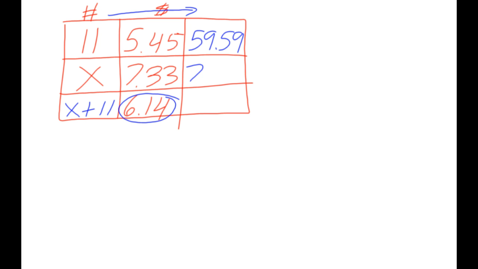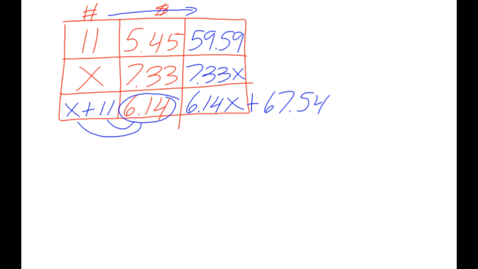And then I get 7.33x. And I have to do my distributive property here. So I have to multiply it with both numbers. And I'm going to get 6.14x plus, when I multiply those numbers, I get 67.54.